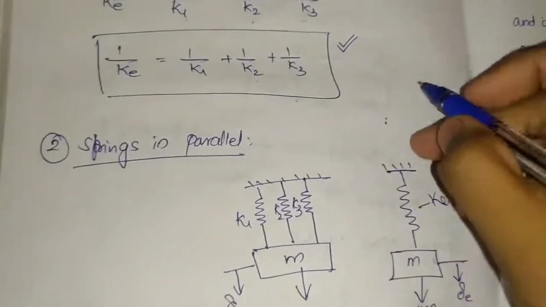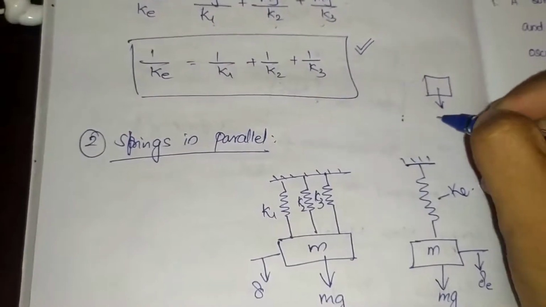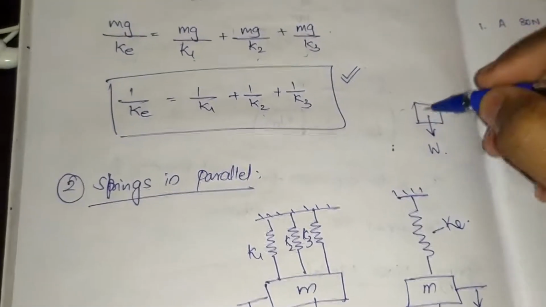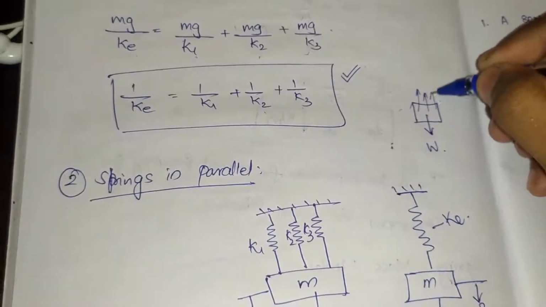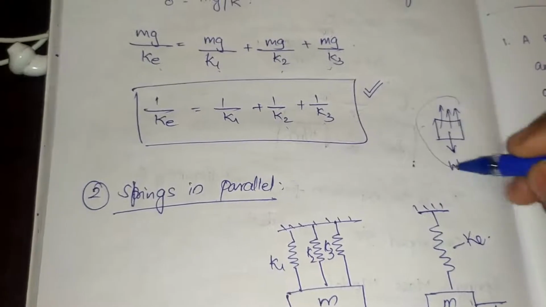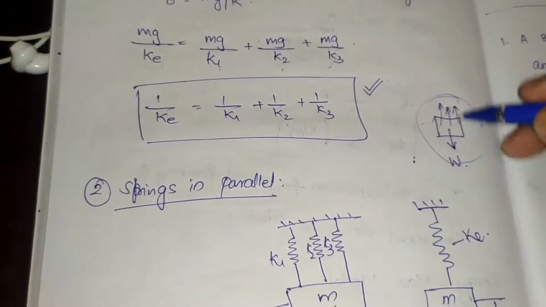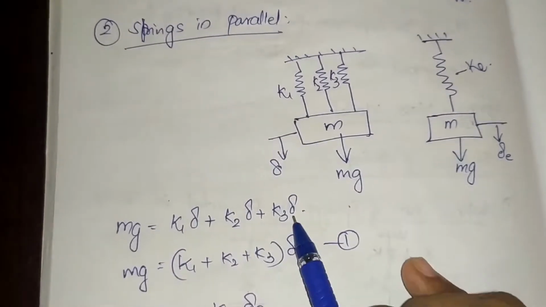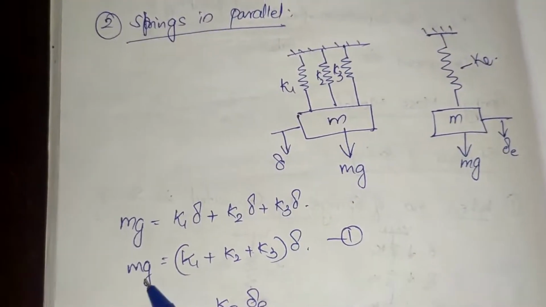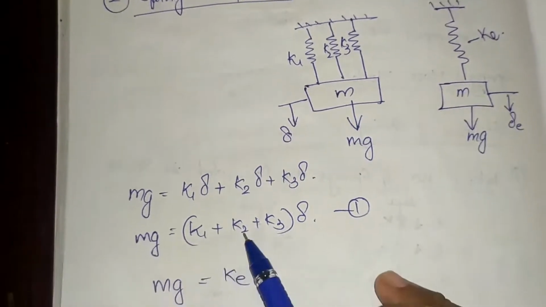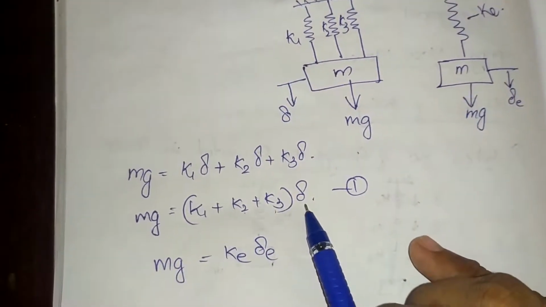There is only one force acting downwards, but there are forces from each spring acting in the upward direction. Since the object is in equilibrium, these can be equated. So mg is equal to (K1 plus K2 plus K3) into delta.